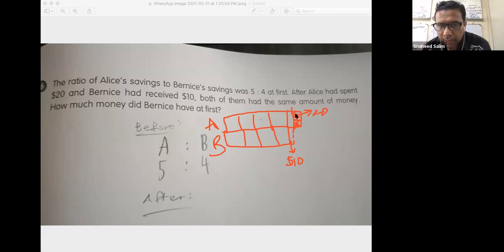Down here she spent 20. This one received 10. Then they got the same amount. That means this is 30. What? 20 plus 30. So 30. Okay, if you don't get it, I have to show you down here.